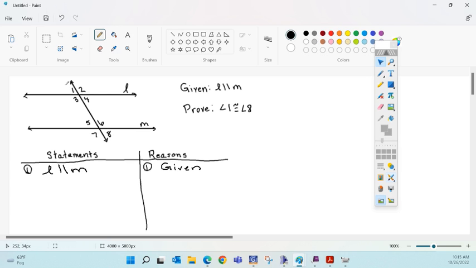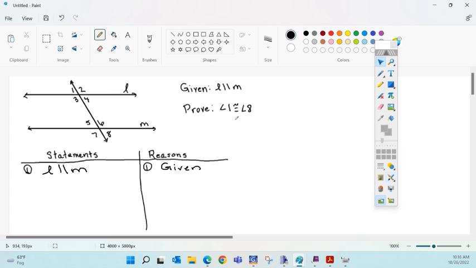We're trying to prove that angle 1 is congruent to angle 8. So we want to work our way through with something that we know. We have only one fact so far about parallel lines. What is that one fact? That the corresponding angles are congruent.